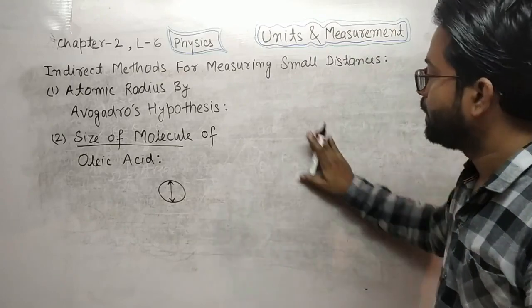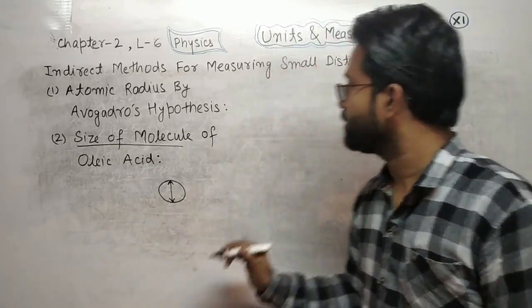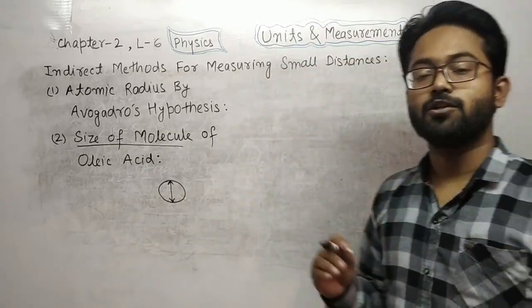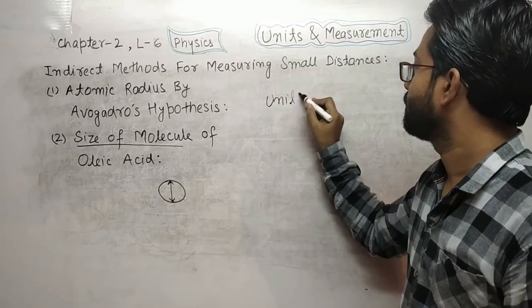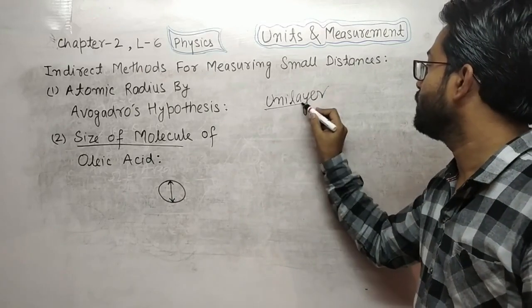First, let's clear some points. First point, that is unilayer. Unilayer means single layer.